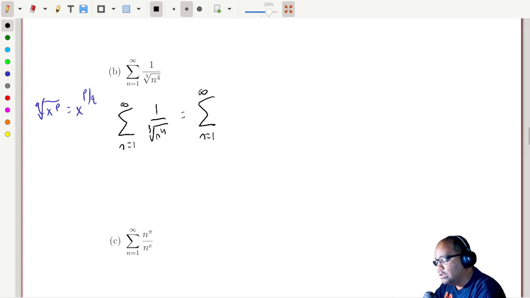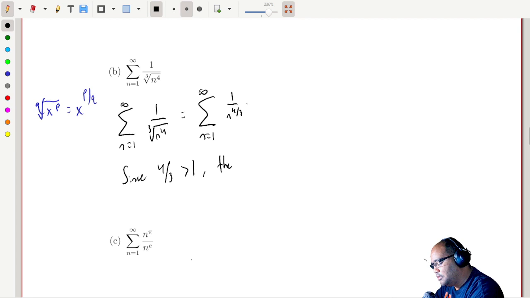Here p is 4, q is 3. So I have 1 over n to the 4/3. Isn't that nice? 4 over 3 is bigger than 1, so the sum converges.